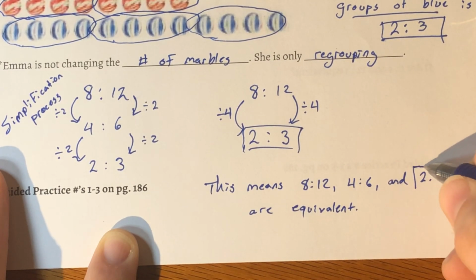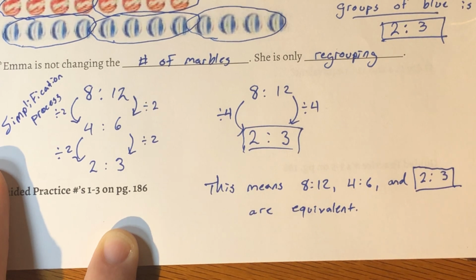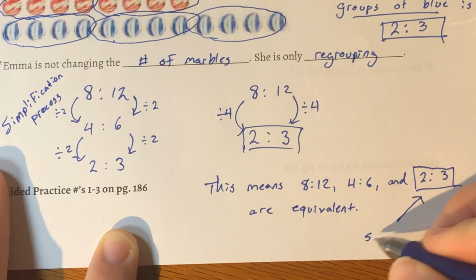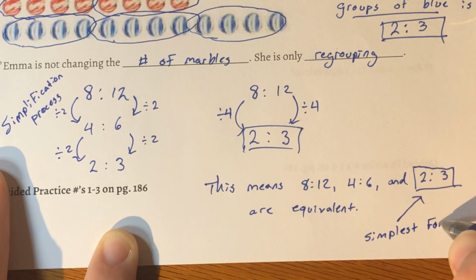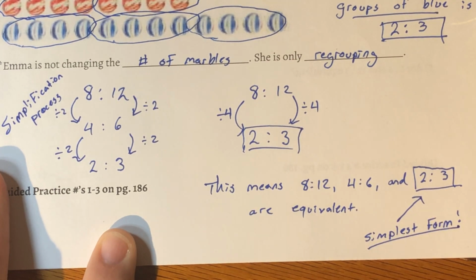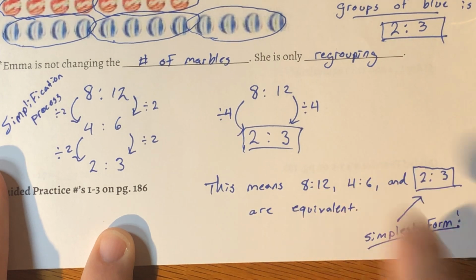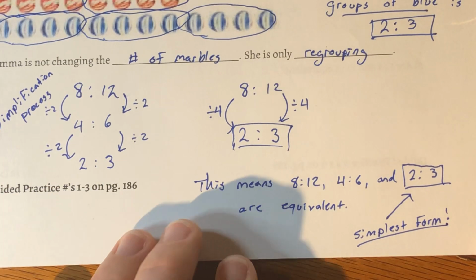And 2 to 3 is in simplest form. And just like fractions, your ratios must always be in simplest form. Always and forever. It's never going to change. I doubt any math teacher is going to accept an unsimplified ratio.